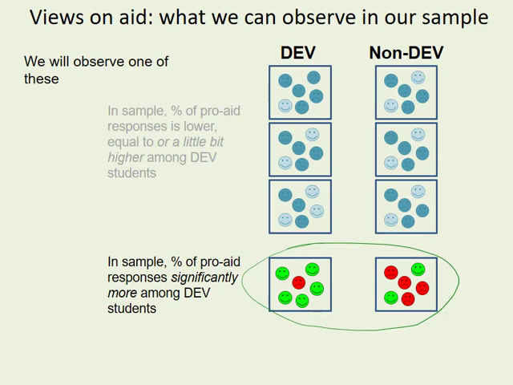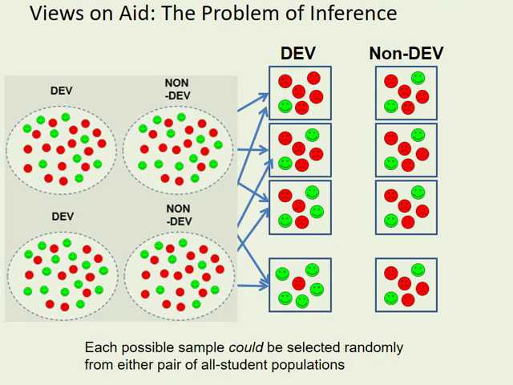Now the problem is that any of these possible samples, like this pair of samples here, this one here could have come from either this overall population or from this overall population by random selection. Or I could have got this pair of samples here. This might have come either from this population or this population by random sampling.